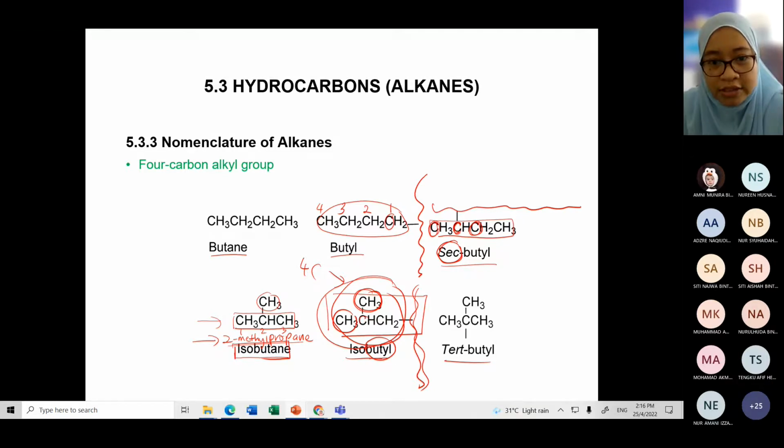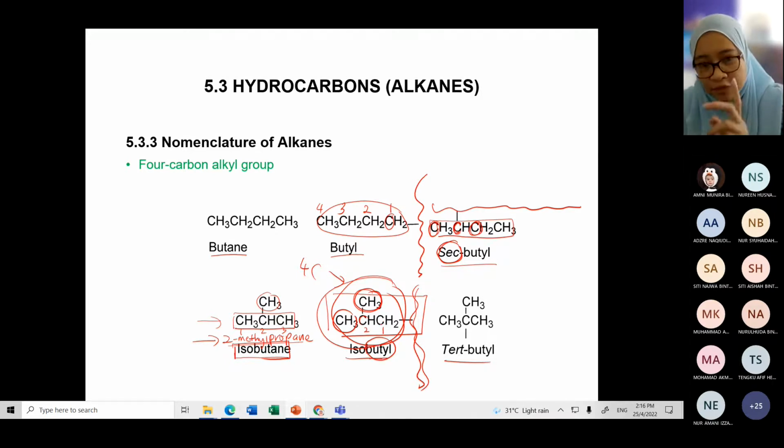Iso is because of this carbon number 2, starting from the one attached to the parent. This is carbon number 1, number 2, and a similar methyl group is attached to this carbon. Therefore, it is called isobutyl.